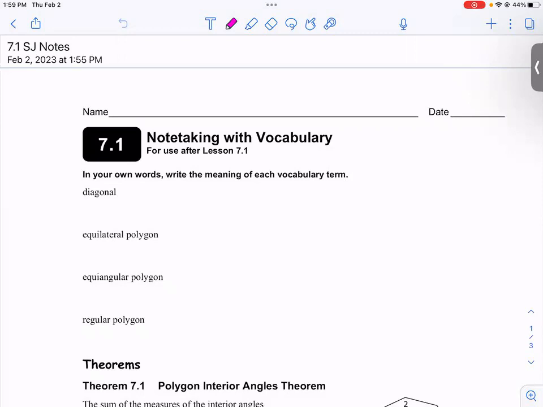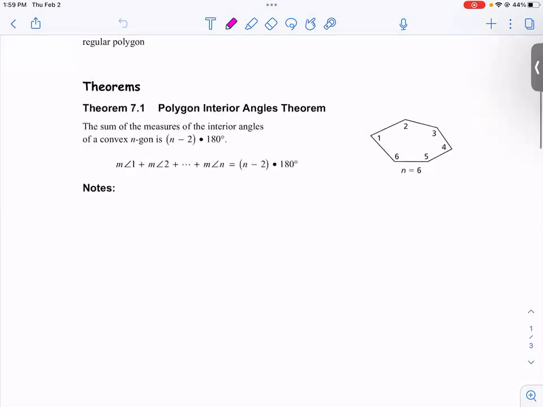So on that front side, we should have figured out that the sum of our interior angles is the number of sides minus 2 times 180. That's going to happen every time.